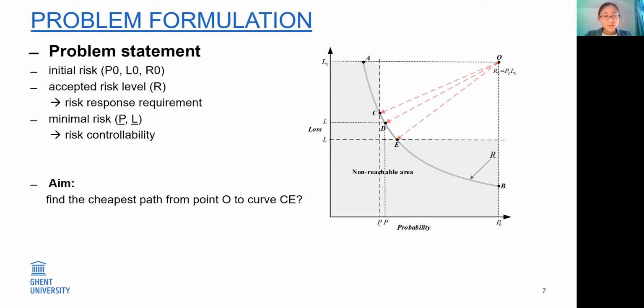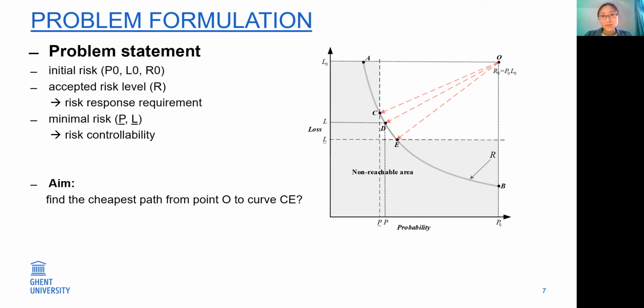In my research, this research problem is formulated on this figure. As you can see in this figure, the x and the y-axis represent the risk probability and risk loss respectively, and the point O represents the initial project risk. The curve AB represents a certain level of risk that can be accepted by the project managers.